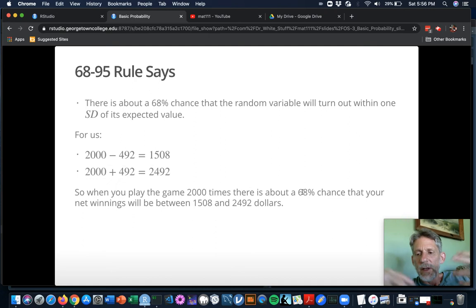About 68% of the time, like if I were allowed to play this game 2,000 times every day, about 68% of my days, my net winnings would be somewhere between $15.08 and $24.92. That's what I expect would happen if the distribution for the sum of my 2,000 plays is really about bell-shaped.